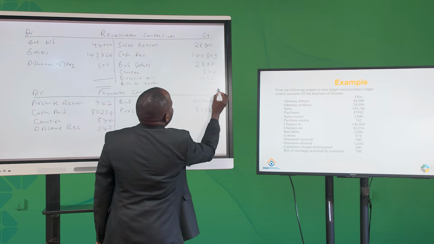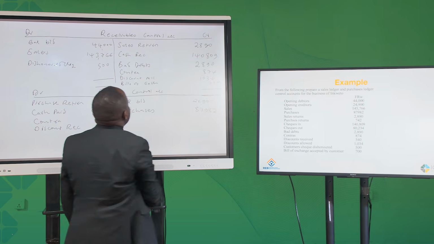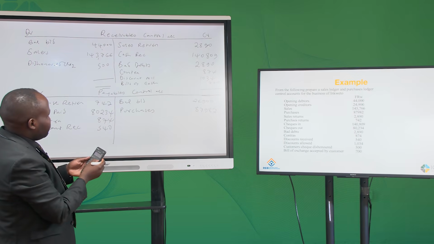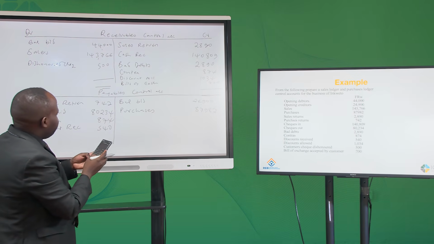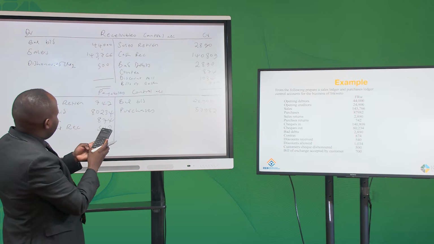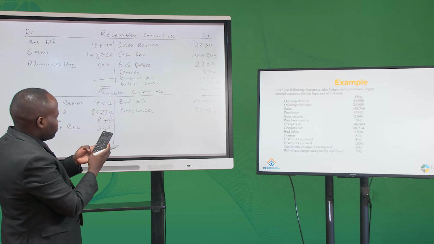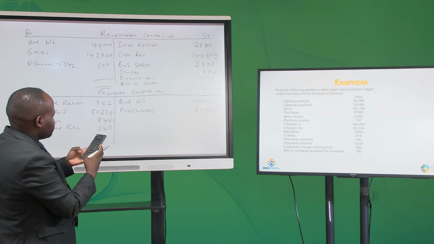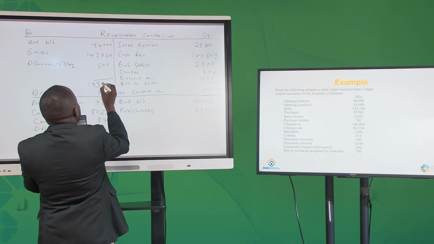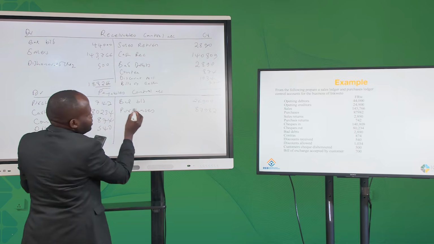So we get the total, and I can also get the total this side. Our total on the receivables is 44,000 plus 143,766 plus 500, which gives us 188,266.